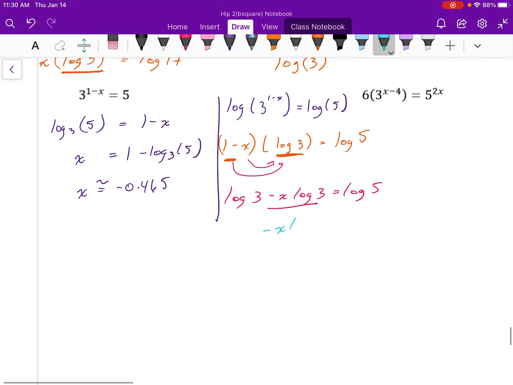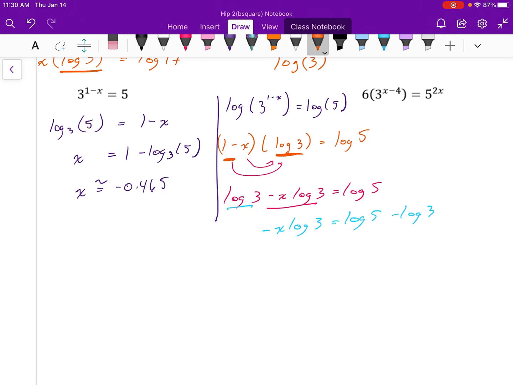So I'm going to isolate everything with an x to the left-hand side. So I'm going to keep minus x log 3 on the left-hand side. I have log 5, and then if I subtract log 3 from both sides, it simply moves over to the right-hand side as negative log 3. And I think we're almost done here.